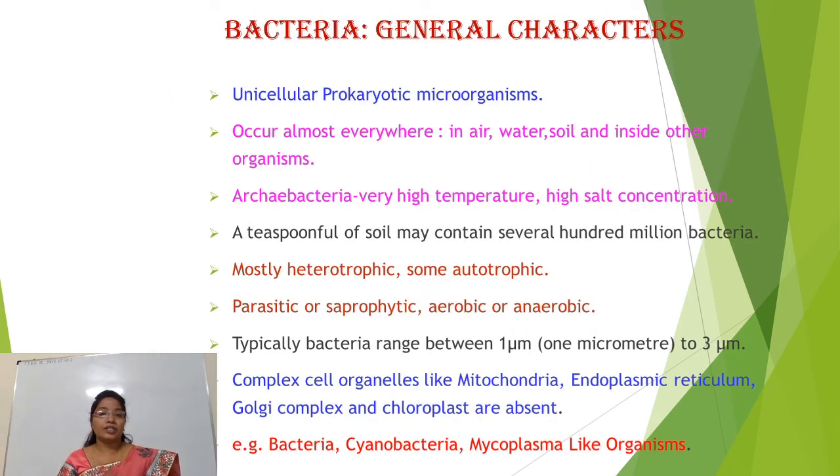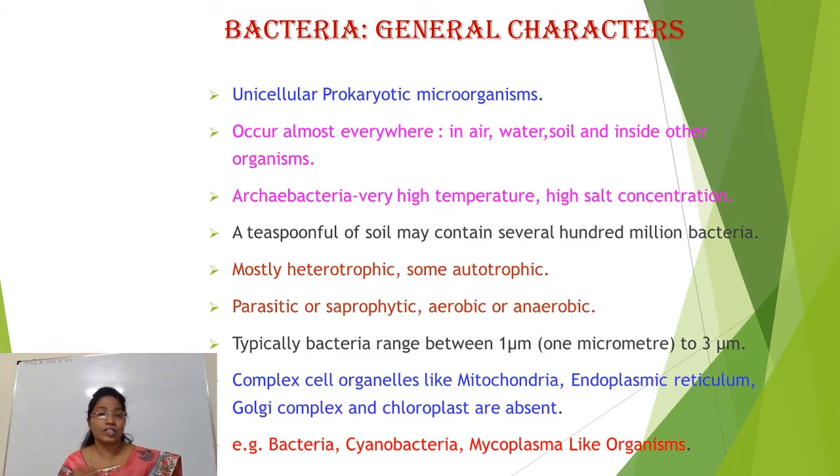Let's see the general characters of bacteria. Coming to the definition of prokaryotes or bacteria, they are unicellular prokaryotic microorganisms. Microorganisms means the organisms which we cannot see with our naked eyes. For example, bacteria are microscopic in nature, so for the study of these bacteria, we have to use the microscope.